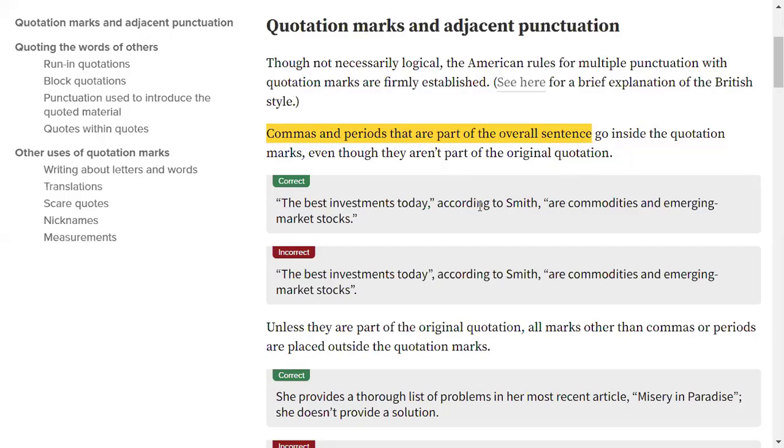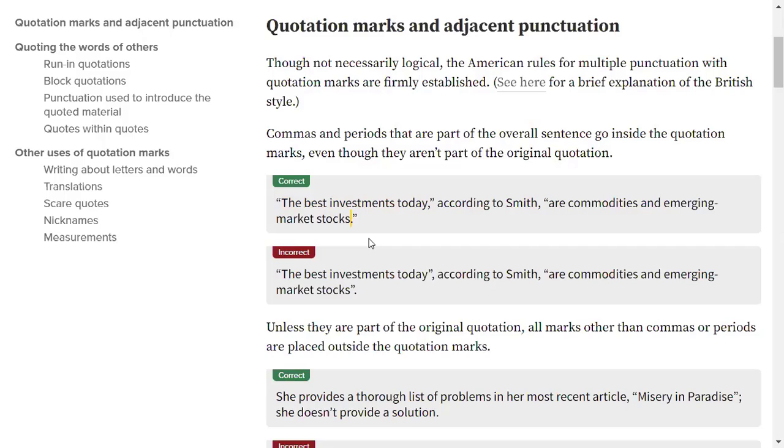Now here you see, according to Smith, meaning who is saying this thing. Here I broke the sentence. If I make it the whole sentence: the best investments today are commodities and emerging market stocks. Now this is the whole sentence, and it should have a punctuation mark, right? Yes, sir. Now it's a longer sentence.